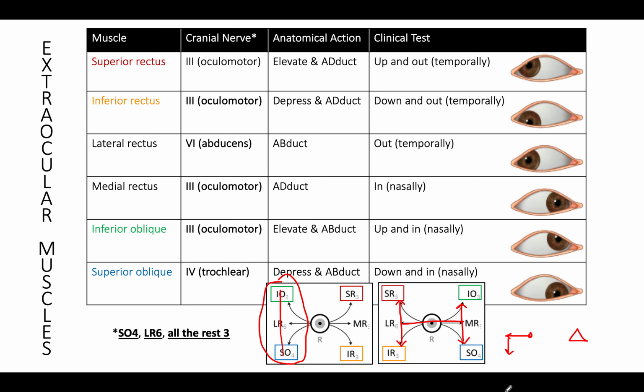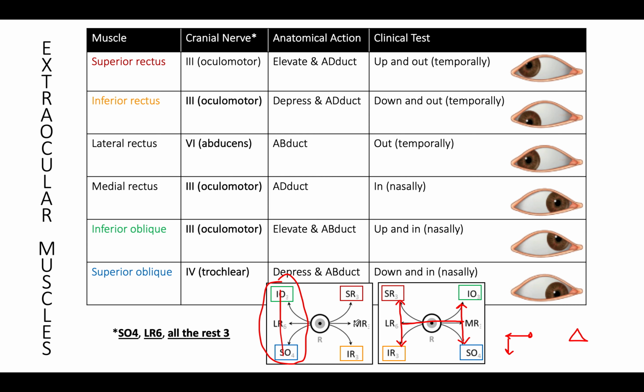So I hope this helps, and if you get stuck or still can't figure it out, just keep going and think, okay, if I move it medial first and then go a different direction, then when I move it medial, all of these muscles don't work. It's a contribution of all of the muscles. So just moving it medially is going to be medial rectus.